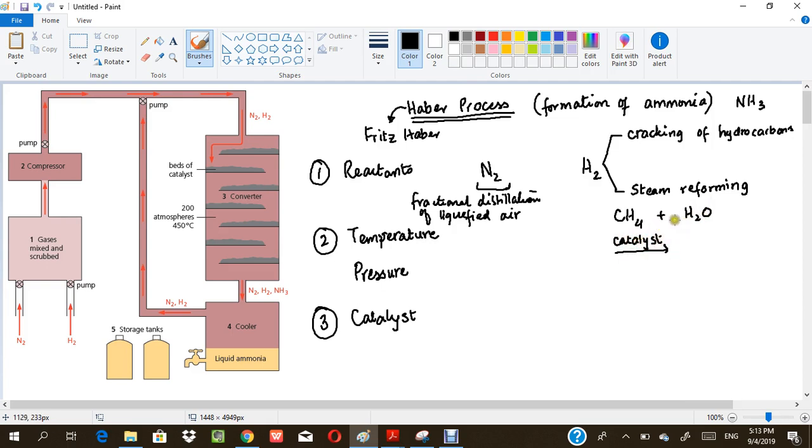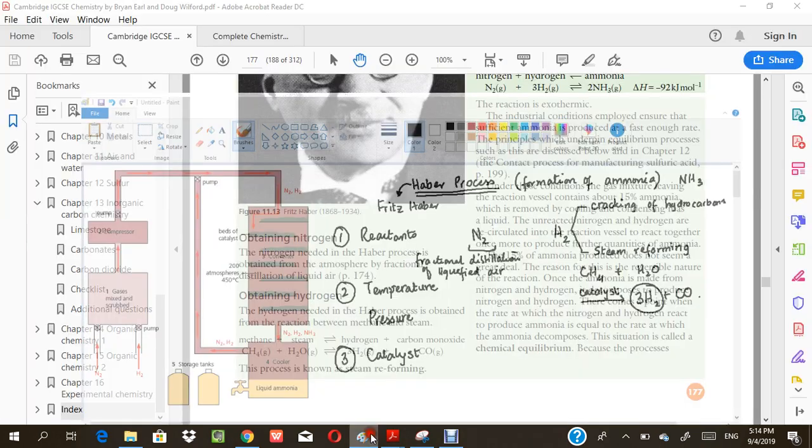What happens as a result of this reaction is that hydrogens from methane as well as water combine together to give us three molecules of hydrogen gas and one molecule of carbon monoxide. This hydrogen is then used as the raw material for the Haber process. Right, so this is about steam reforming.